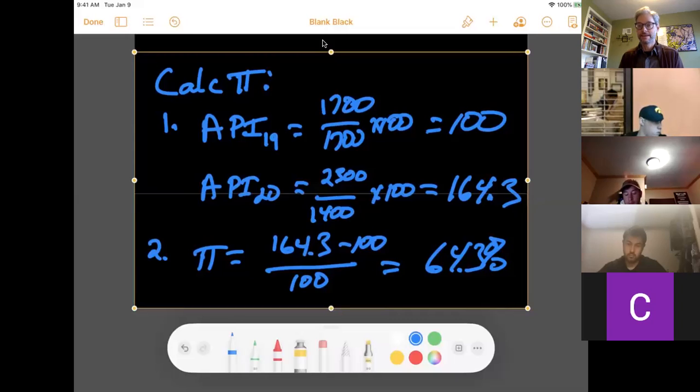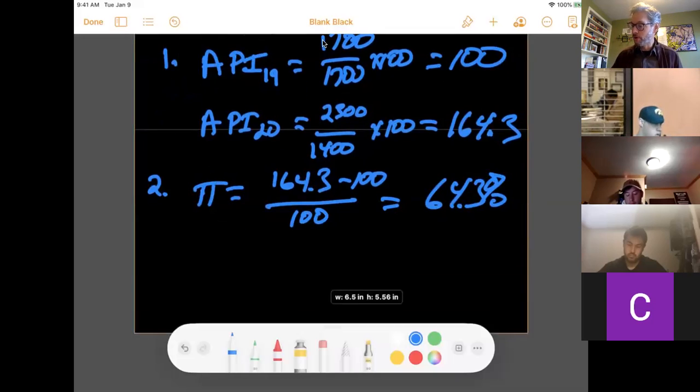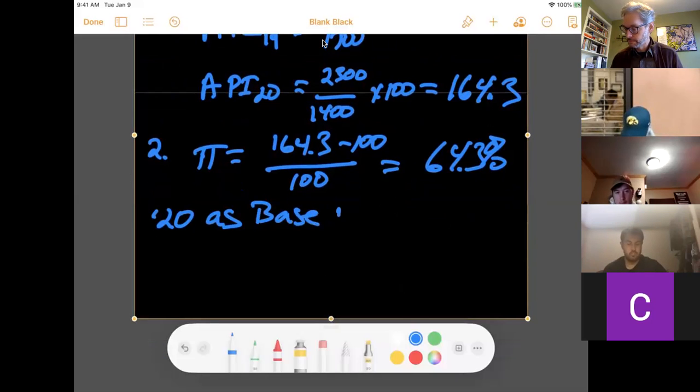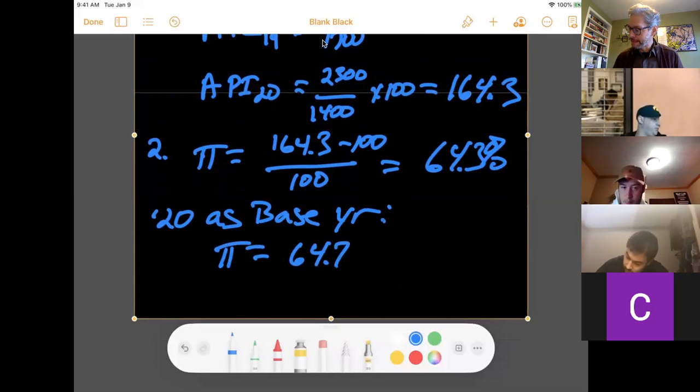The answer is no. If you work this all out using 2020 as the base year, you're going to find inflation is 64.7%. It's going to be slightly different.